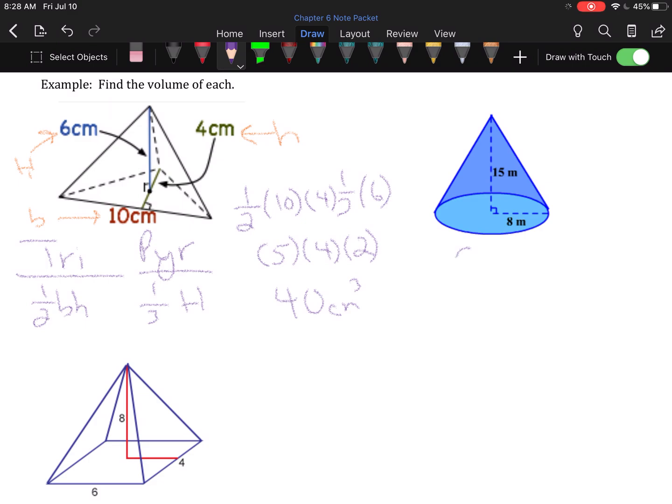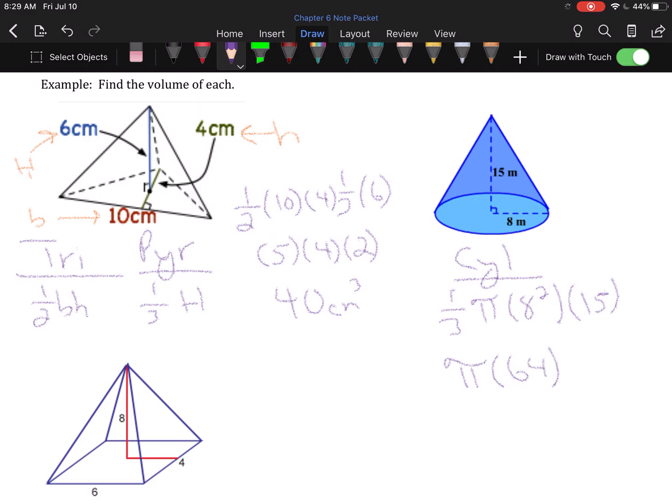Up next, we have a cylinder. Cylinder is straight up 1/3 pi radius squared height of the cylinder. That's going to be 1/3. Actually, I'm not going to leave that 1/3. I see something. Pi times 64, because that's 8 squared.